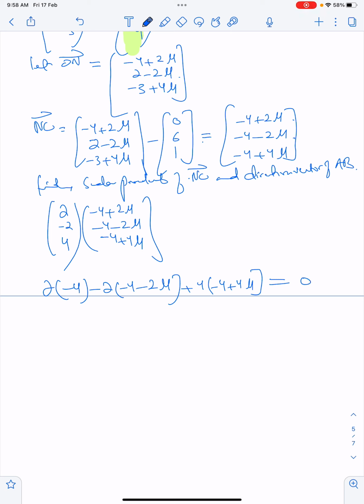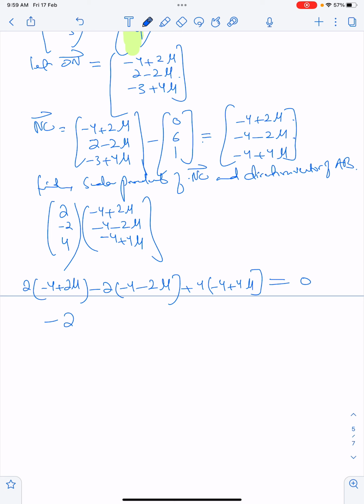Get the value of mu first. Okay, hold on, I just forgot to write this completely. Should be 2 into (-4 + 2mu).